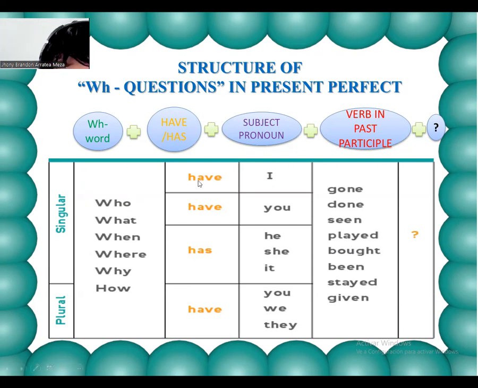Well, we also can see this when we talk about I, you, we, and they. We use the verb have. And when we talk using the subject pronouns he, she, and it, we use the verb has. We also can see some verbs in past participle.